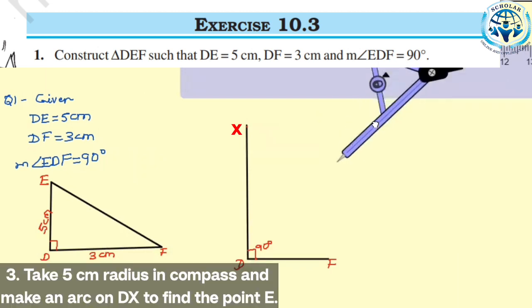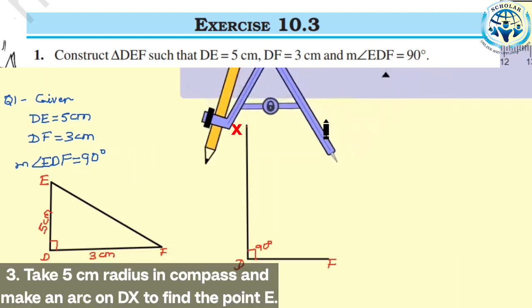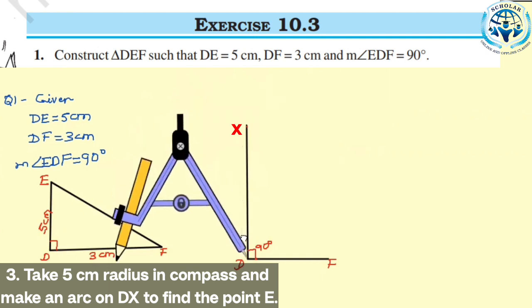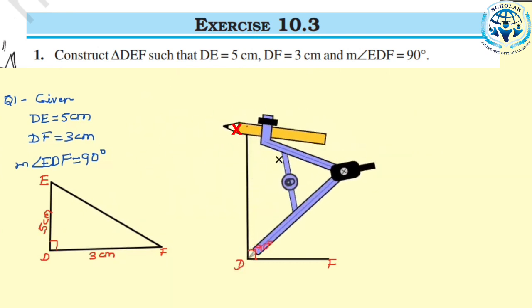Now take compass and with a radius of 5 cm and center D, we will make an arc of 5 cm.